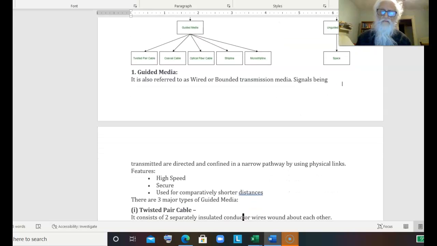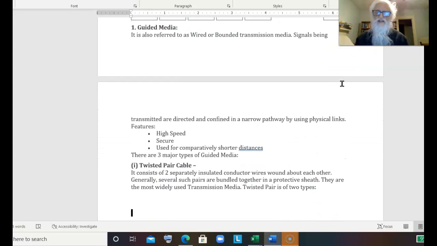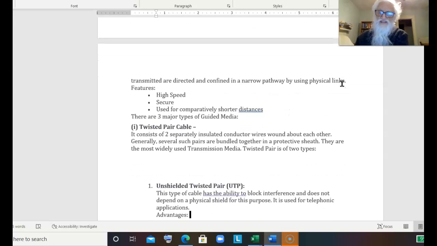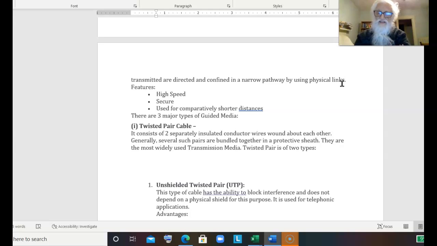One item is called a twisted pair cable. It's basically two wires that are wound around one another. Actually, that's the most widely used way to do it. And there's two types of them. Unshielded twisted pair just means that it has the ability to block some interference.